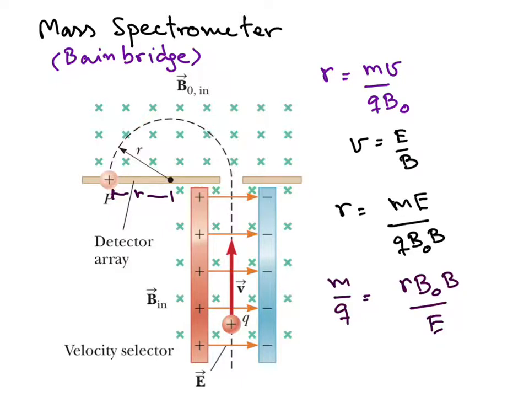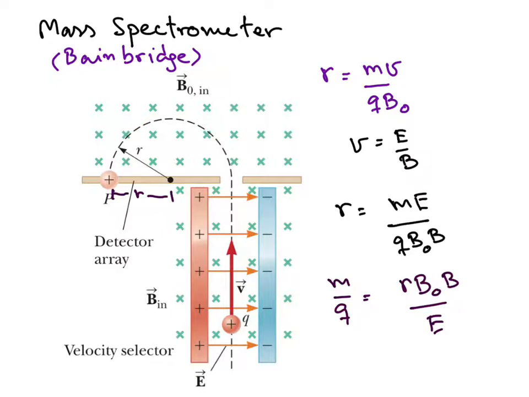When you ionize the material with different isotopes, for the same amount of energy, you will have the same amount of charge on the ions. The charge will be the same, but the mass is different, depending on the isotope of that particle.